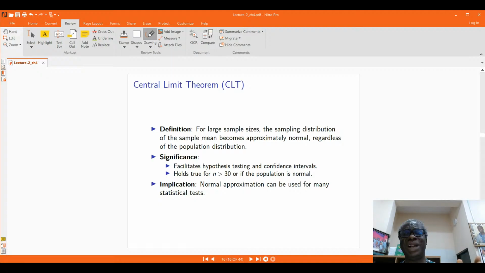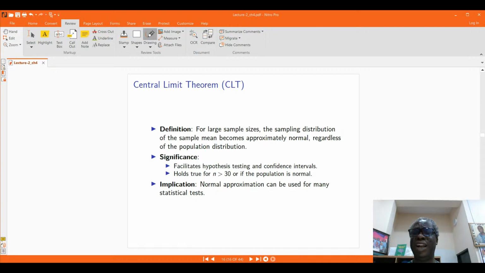It doesn't matter what the parent population is. The shape of the sampling distribution of the sample mean will be approximately normal. So that's what the theorem is all about.